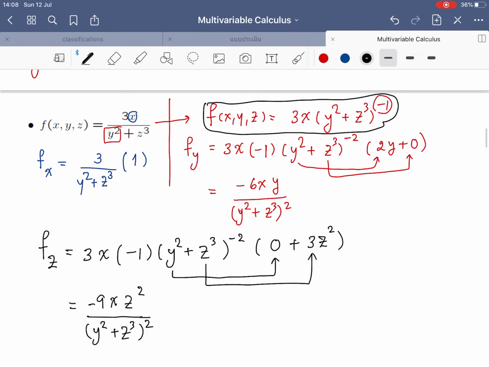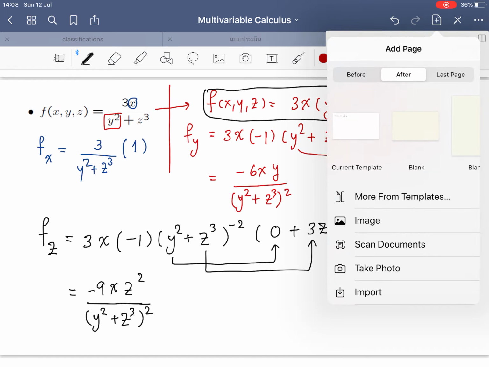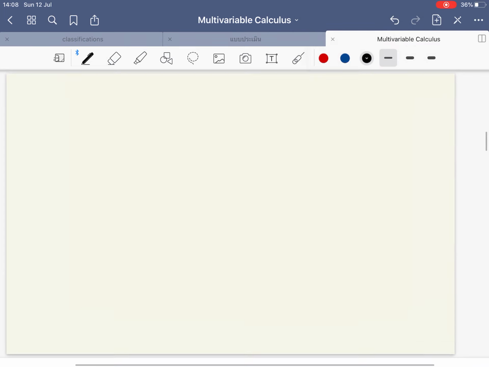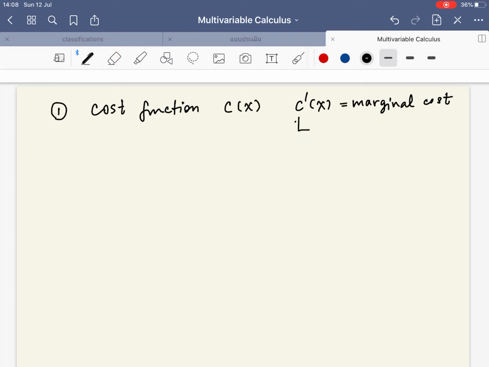Okay, of course, what is an application of a derivative of a single variable that you can think of? The first thing, if you are given a cost function, C of x, then you can find C prime of x as a what? A marginal cost, right? And then you have its own interpretation, remember?